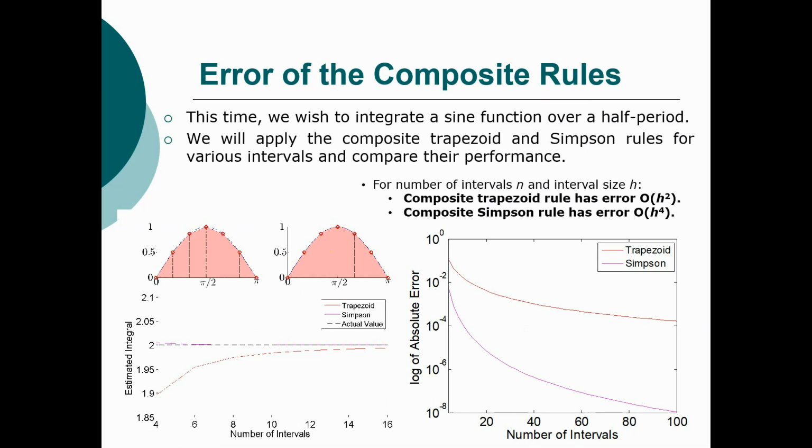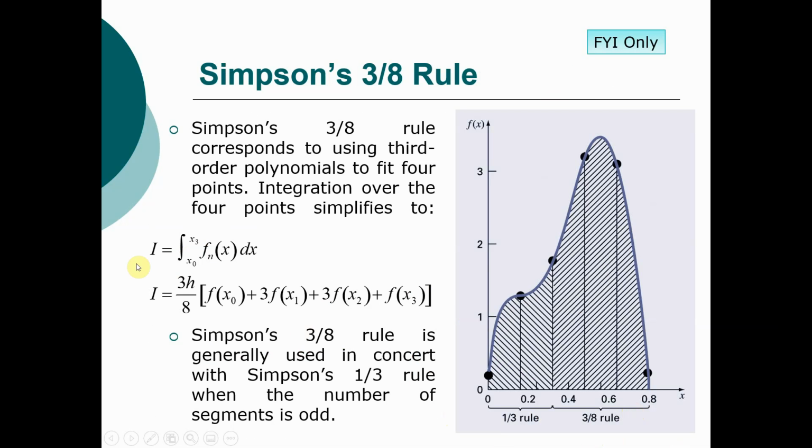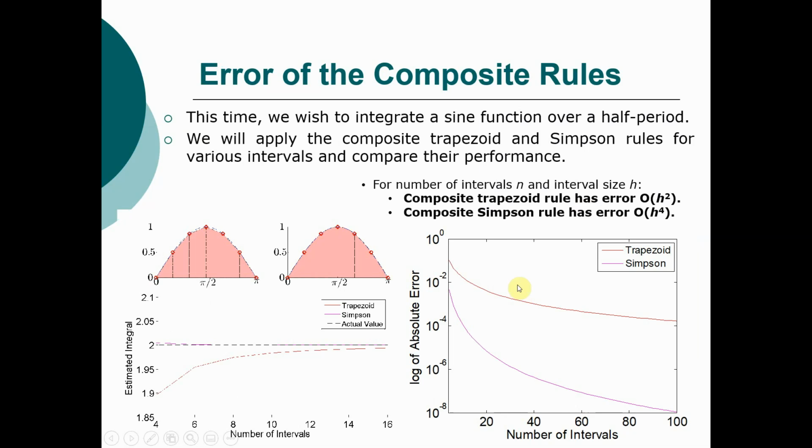If you want to make your error smaller, you just have to increase the number of subintervals, which basically means your h has to get smaller and smaller. As the number of intervals increases, the error is going to go down. For the trapezoidal rule, the error is of big O notation h squared. What does that mean?